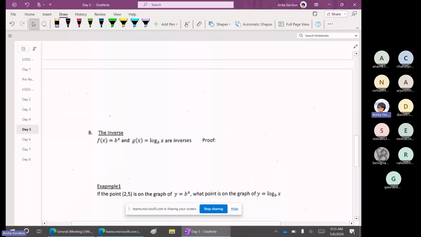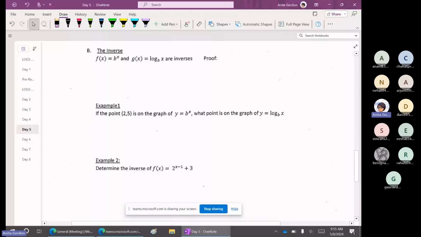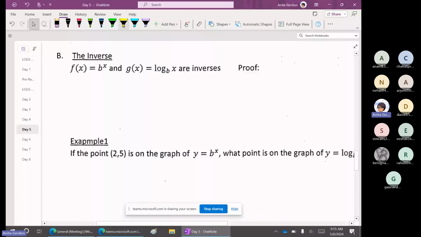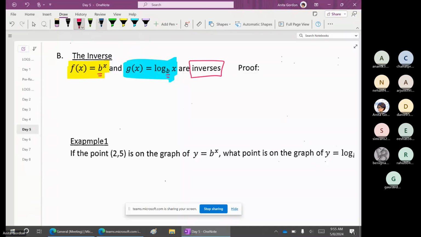In one of the comments at the top, if you have two different functions where one is written as an exponential and one is written as a logarithm, if the bases are the same, then the functions are inverses of each other. Okay, and the proof for this is just visual again. y equals b to the x.